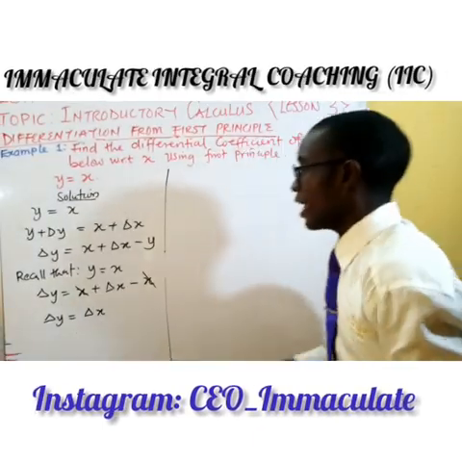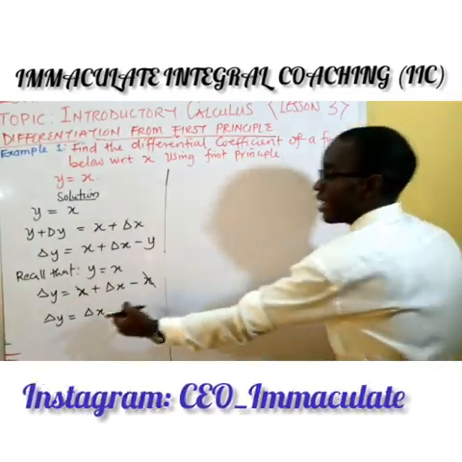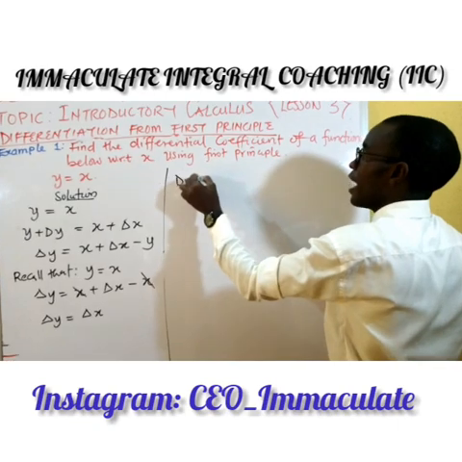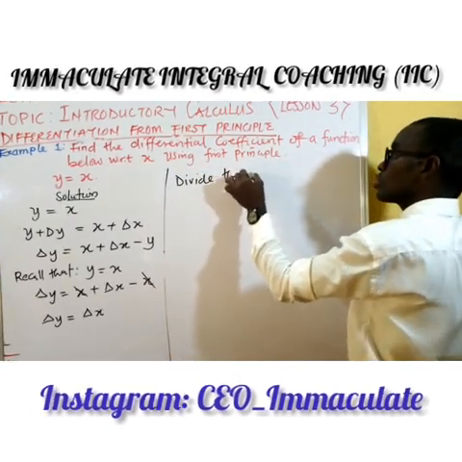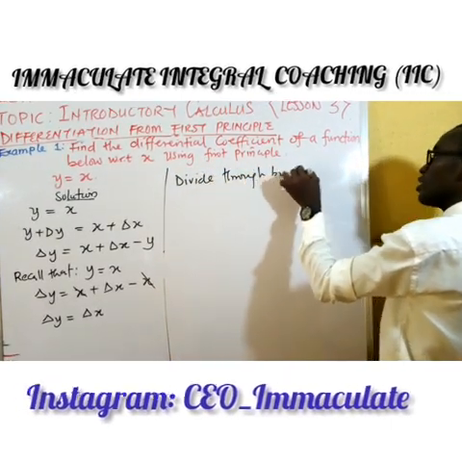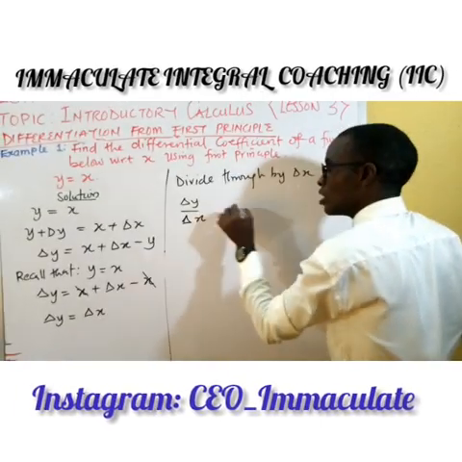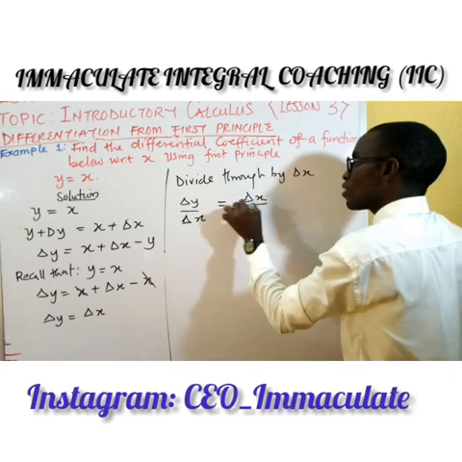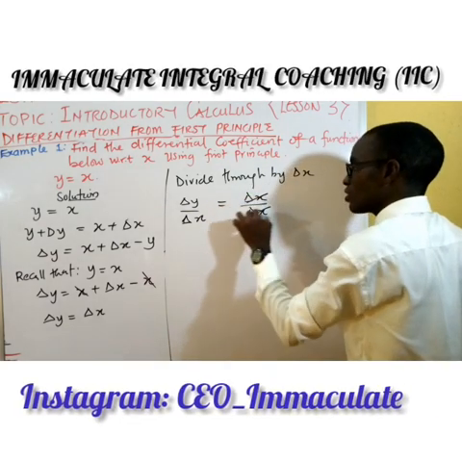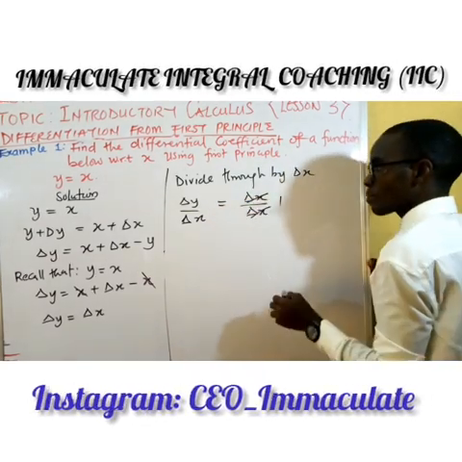So from here, let's divide through by δx. So it will be δy over δx equals δx over δx. This will cancel this, which is going to be 1.